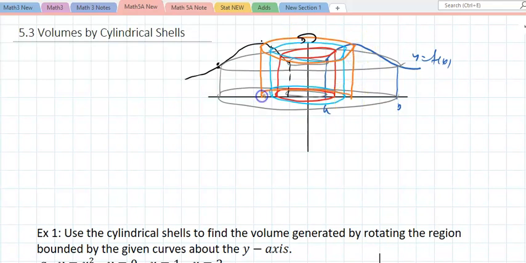Looking at this volume, I'm going to say the volume is going to be V1 plus V2 plus V3 plus V sub n, in which this is of course volume 1, and volume 2 would be the bluish one right there.